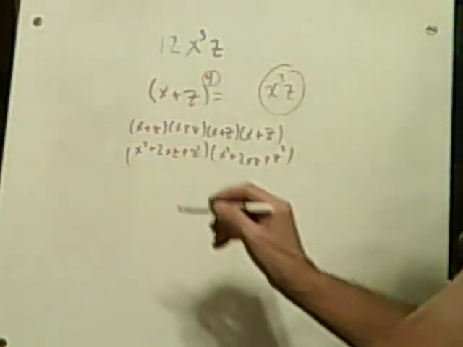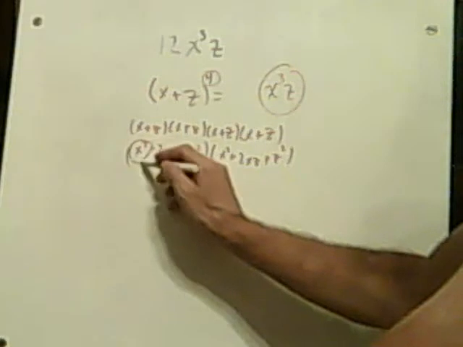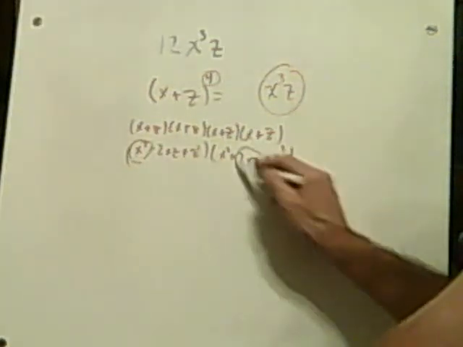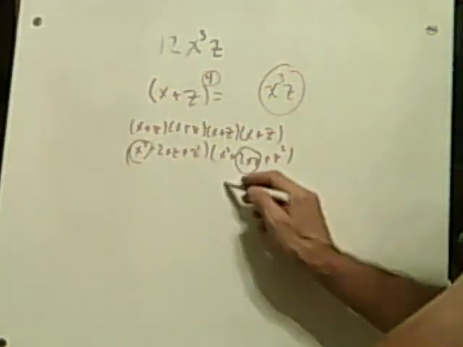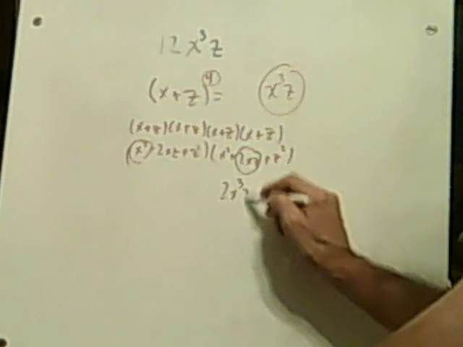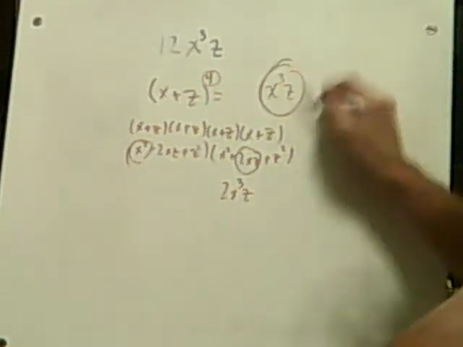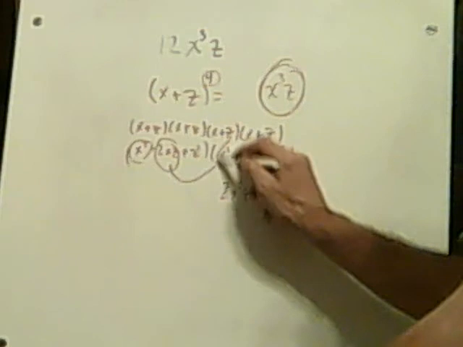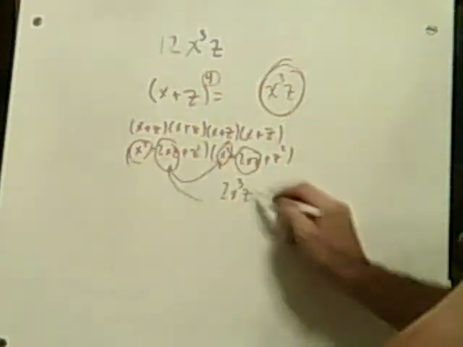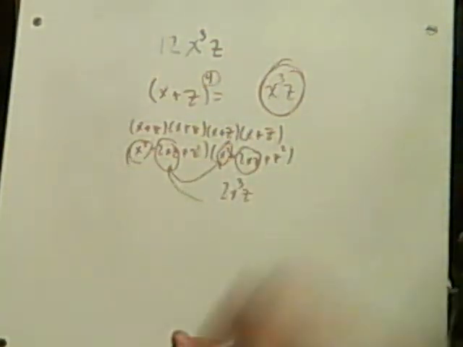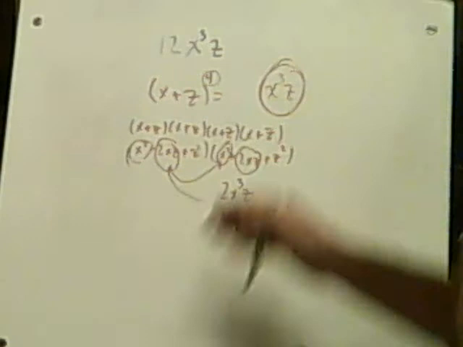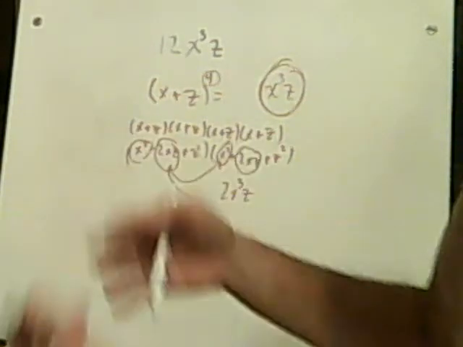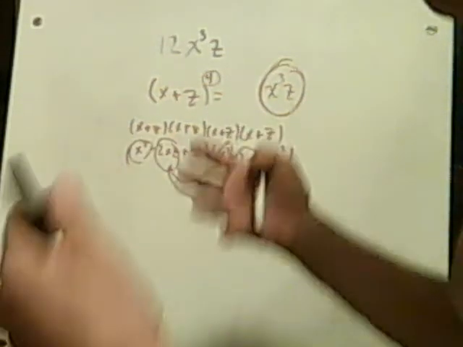In this case, for example, this term times this term is going to be 2x cubed z. This is exactly of this shape. It turns out that this term times this term will also produce one that's exactly like that. So even though there's going to be 9 terms, some of them are identical, and they will compress into a smaller number of terms.